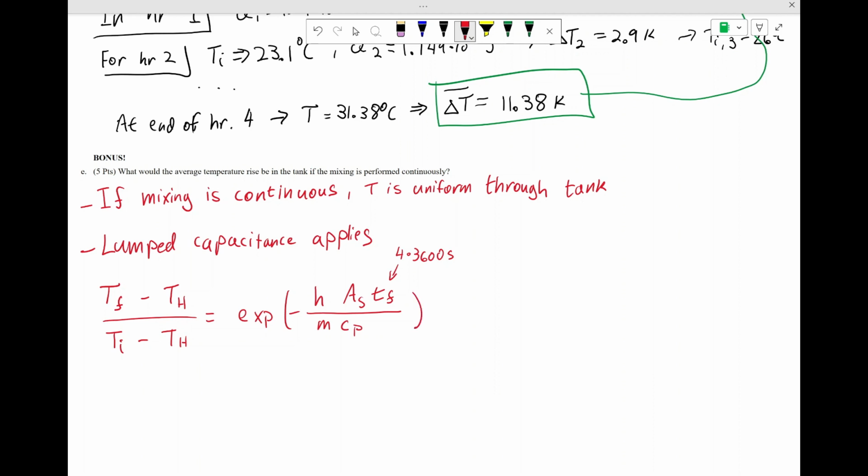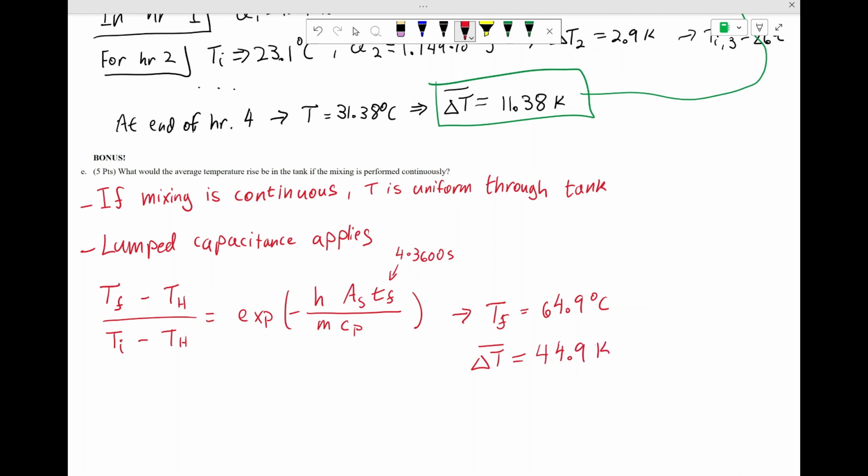So we could just work this through, and the result for the final temperature would be 64.9 Celsius, or essentially the delta T for this whole process would be 44.9 Kelvin.